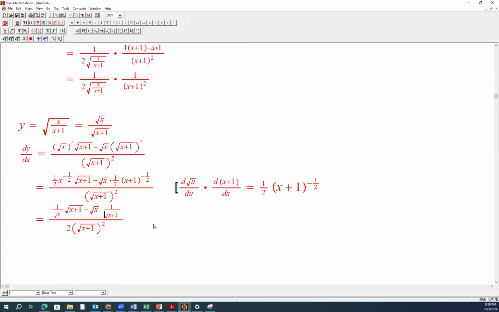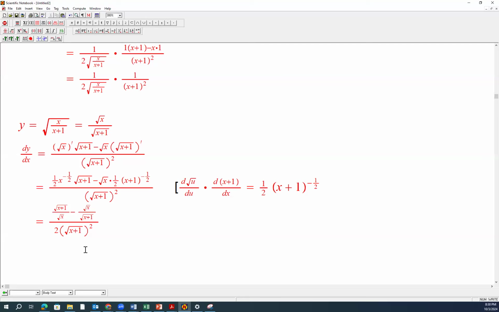So now we change everything to root form, and we put this one on the top. Do we see a little bit better this time?